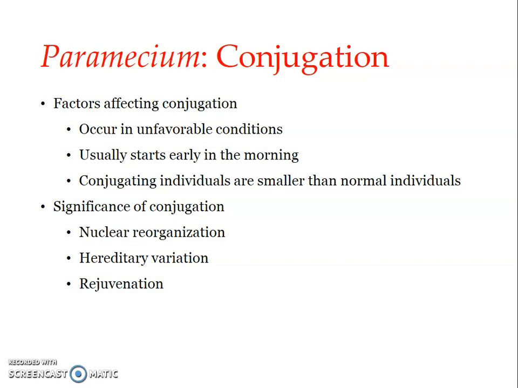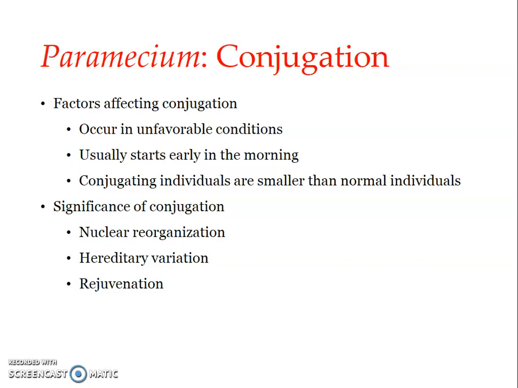So all the descendants of one paramecium have the same kind of hereditary composition, or genetic composition. In the case of conjugation, it will result in blending of two different mating types, and as a result new genetic composition is produced. Okay, that is a very important significance of conjugation.